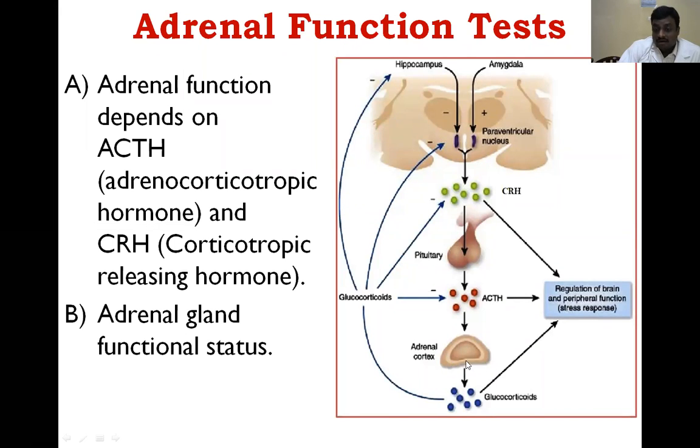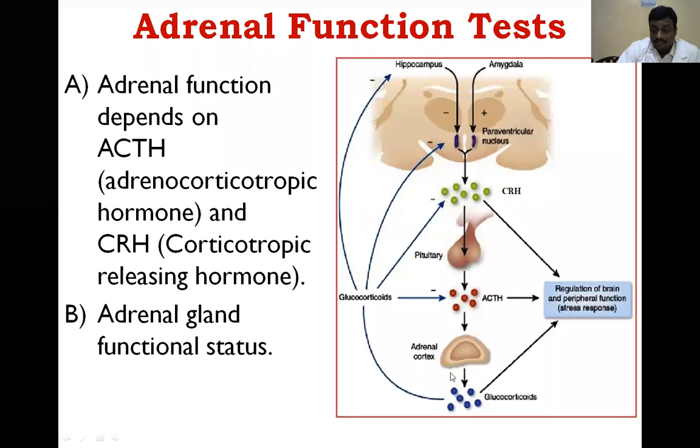If it is normal, first of all we need to discuss how the adrenal gland is producing hormones. We already discussed the adrenal. A normal adrenal gland produces normal steroid hormones into the blood.